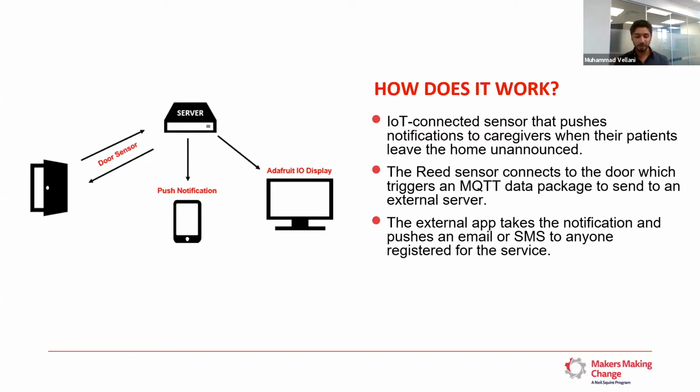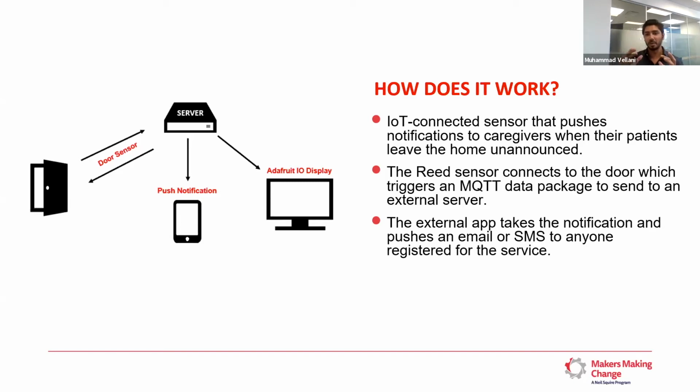Whenever the door opens or closes, the connection in the reed sensor breaks and is completed. So it tells the microcontroller that the door has opened or closed. This information is processed by the microcontroller, and it's sent over to the server using the internet.